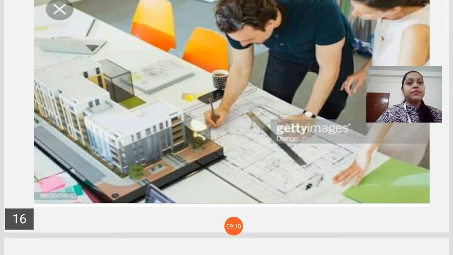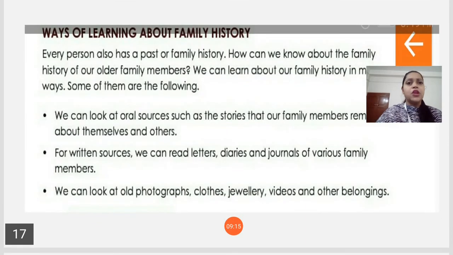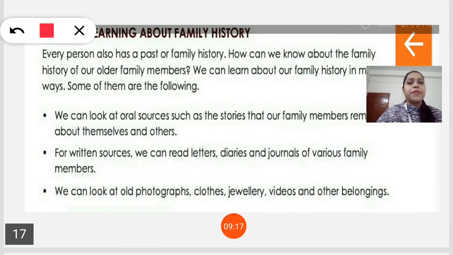Yes, then next we have ways of learning about family history. How will we know about family history? We can know family history through oral sources such as stories. In family also, some stories are being told by our elders, by our grandparents, and from those stories we can know about family history.